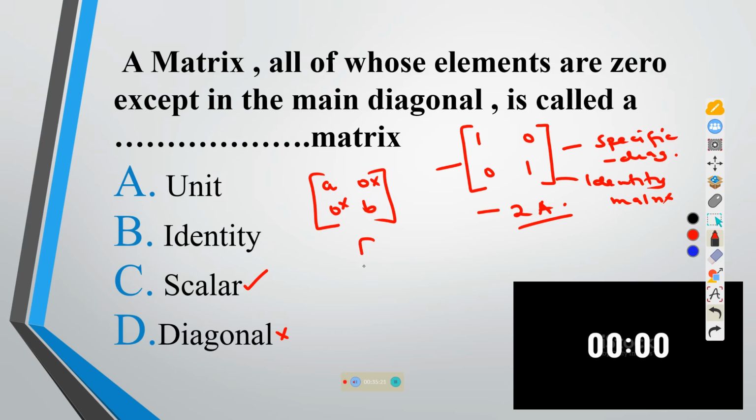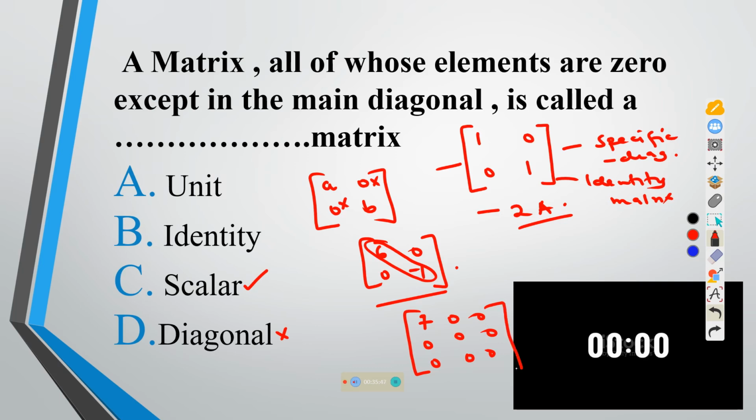So if you have a 6, 0, 0, a -1, this is a diagonal matrix, so long as outside the main diagonal all other elements are zeros. When you talk about a 3 by 3 diagonal matrix, you can have even 7, 0, 0, 0, 0, 0, 0, 0, 0. This is also a diagonal matrix.